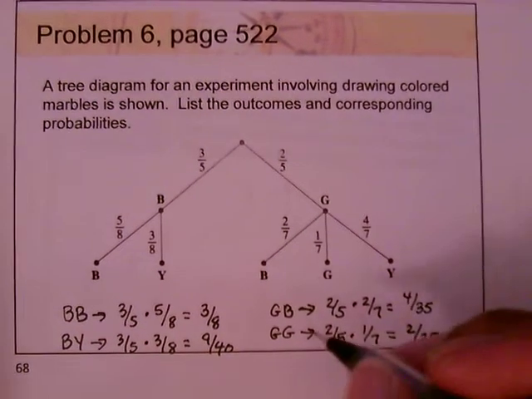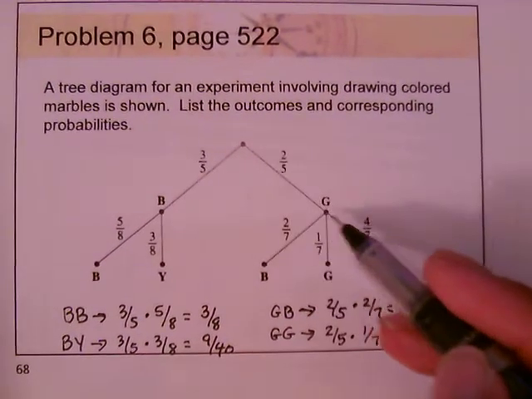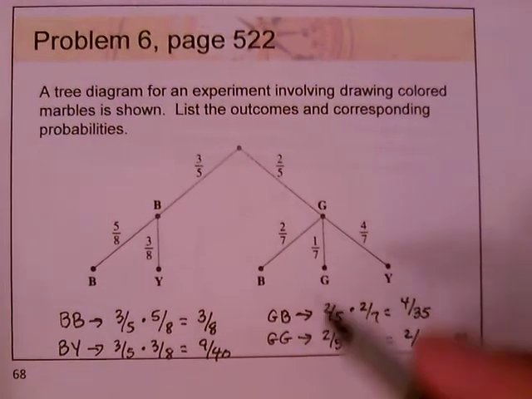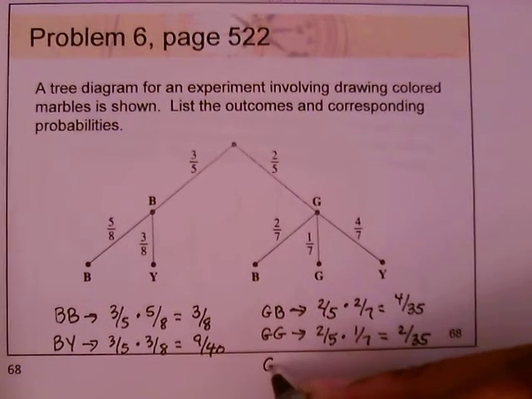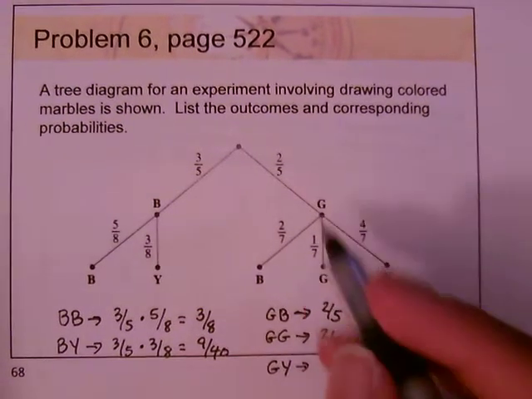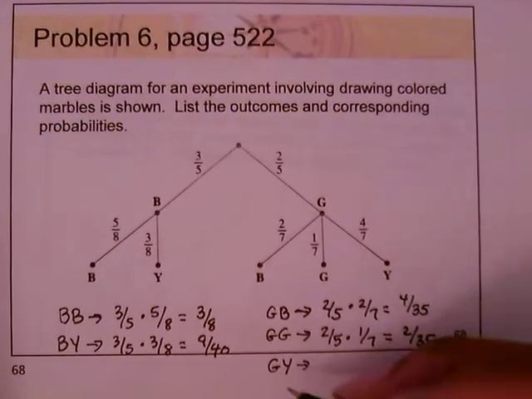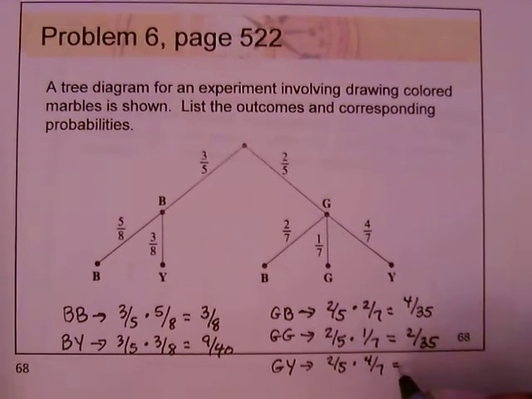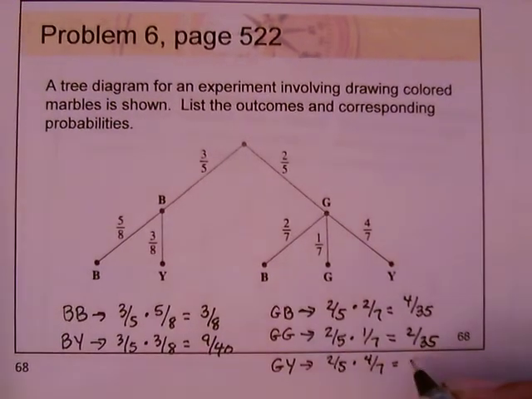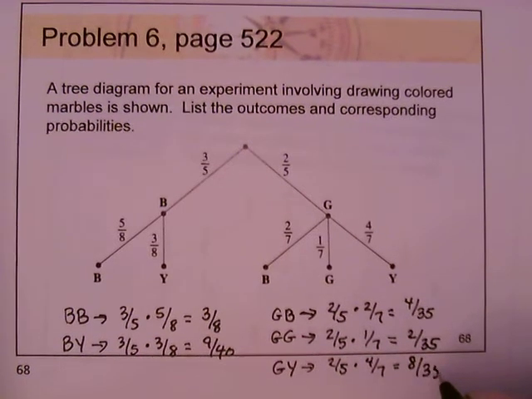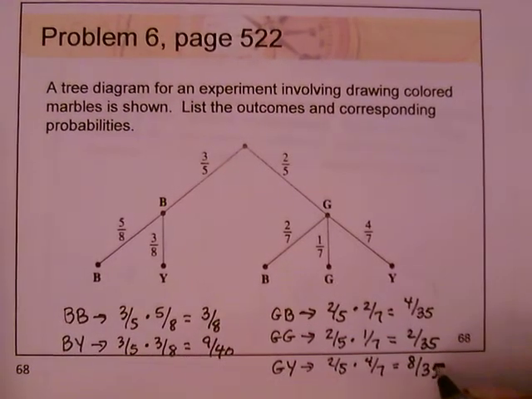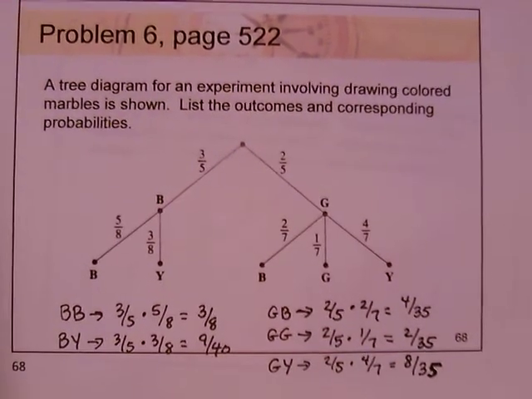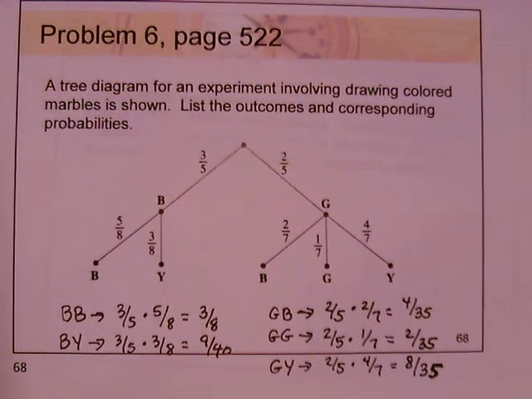And then finally, from this branch to that branch here, from G to Y. That'd be 2/5 times 4/7. This will end up being 8/35. Okay. So those are all the outcomes and all of their respective probabilities here for this particular case.